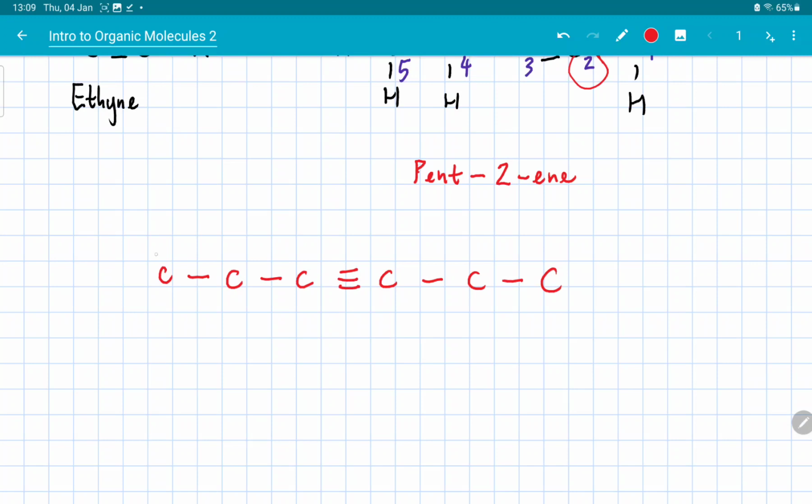When I get here, I have to check: 1, 2, 3, 4, that means I don't put any hydrogens here. 1, 2, 3, 4, I don't put hydrogens here either. So I start putting hydrogens here. Remember that this is the structural formula, people.